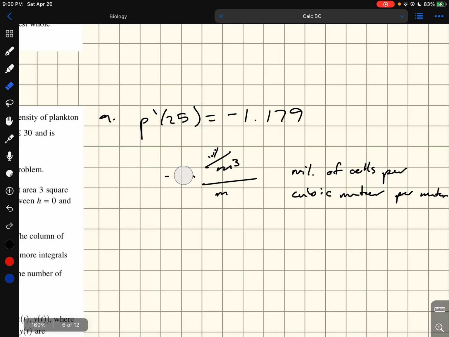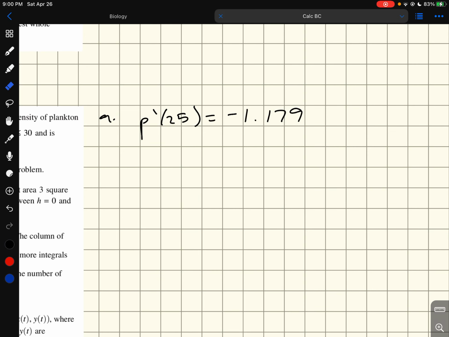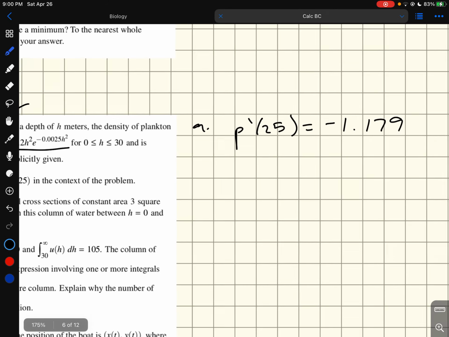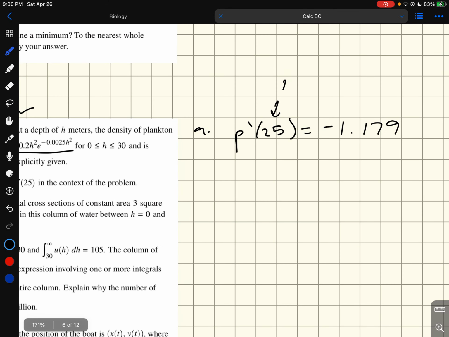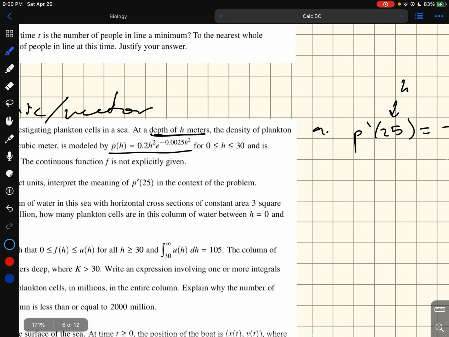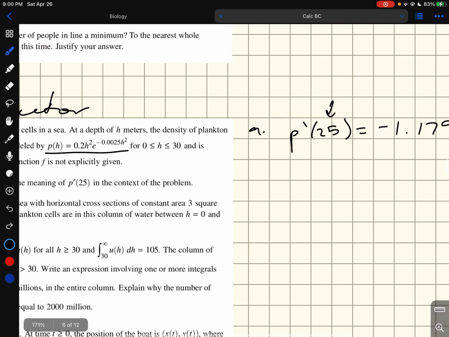So now that we know the unit is millions of cells per cubic meter per meter. And this is our h. So what is h telling us? It tells us the depth that we're investigating plankton at.